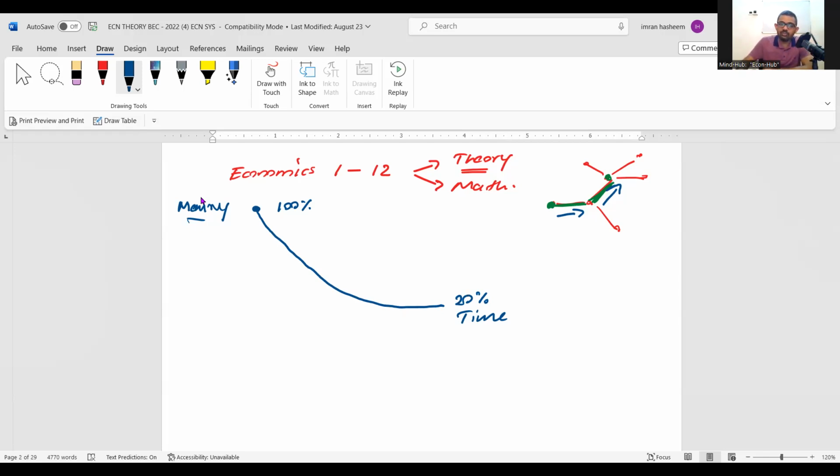Right about here is about the 50% mark. On average, about 40 to 50% is what we remember.